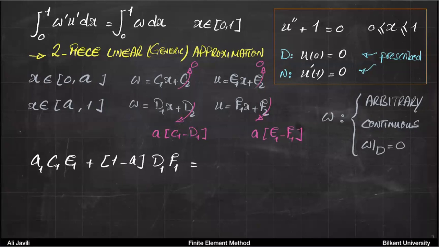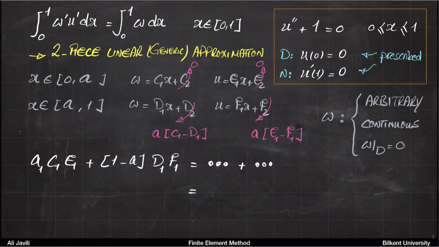And then you would do the integration for the right-hand side. Also for the right-hand side, again, remember this integral won't be just 0 to 1. It would be from 0 to A plus from A to 1. So you would expect to get two terms: a term 1, which I'm going to skip, plus a term 2.